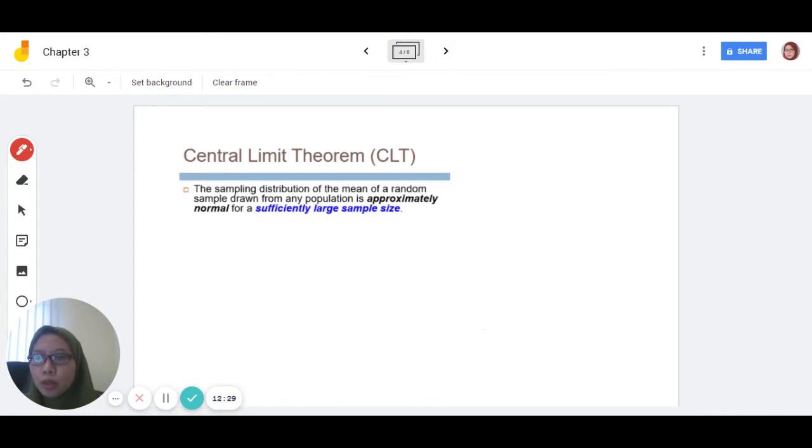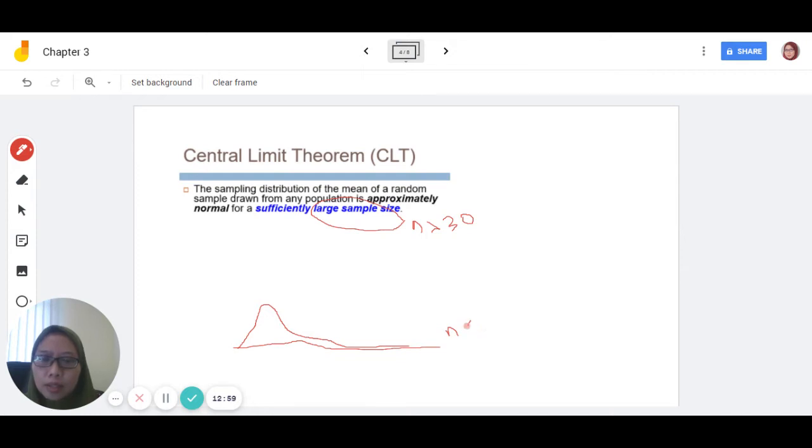We can assume that it's normally distributed just in case the sample size is large. We consider large here when n is more than 30. You can look at your slide: when your n is less than 30, like 20 or n equal to 10, your curve is slightly like this.